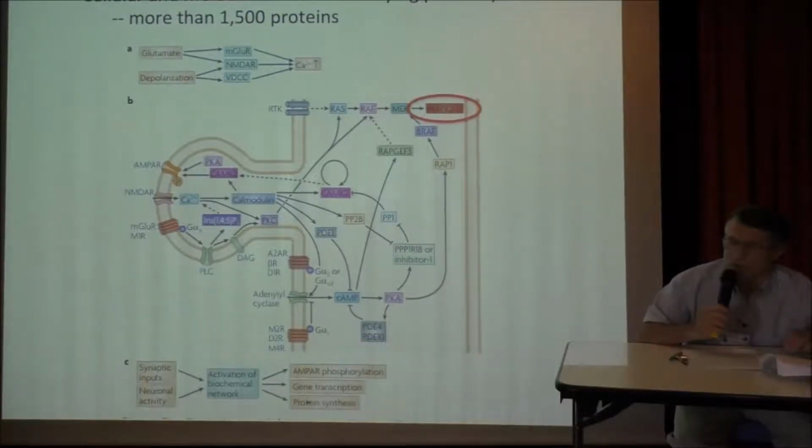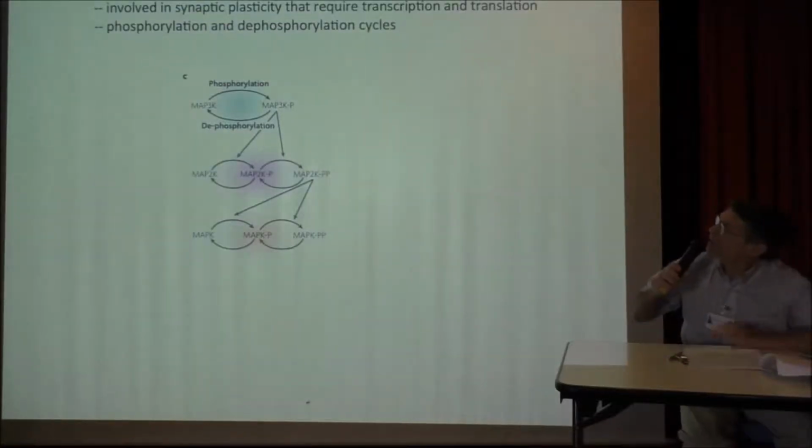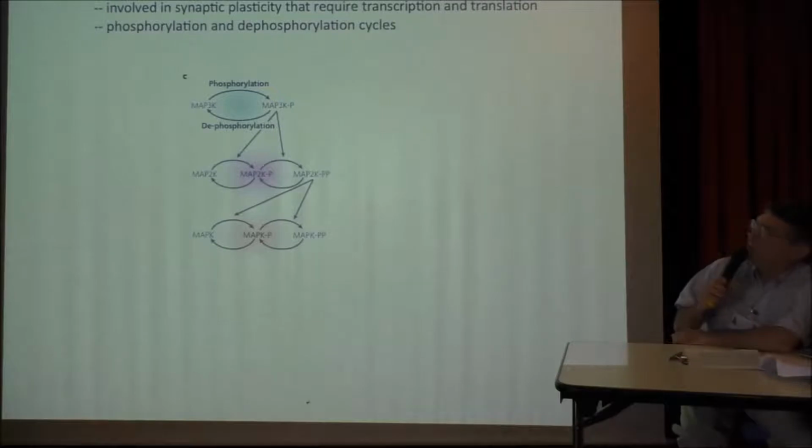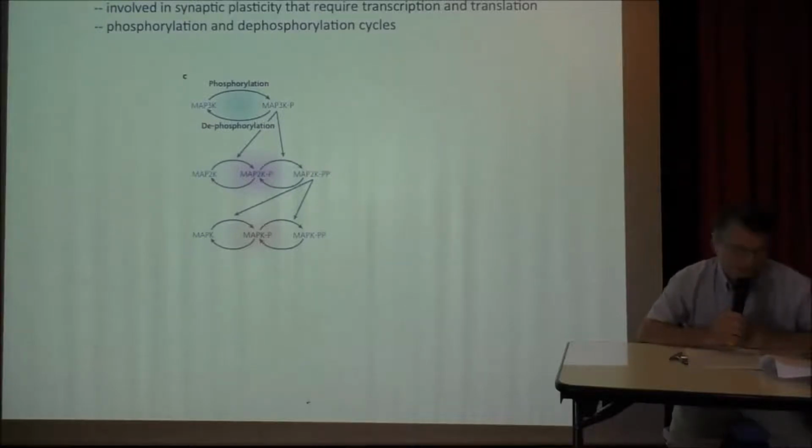I want to focus on this one element, which is a protein that is induced by the activation of DNA, that it requires transcription and translation, and that itself leads to a cascade of phosphorylation and dephosphorylation, which alters the receptive properties of metabotropic receptors in the cells that it is in.